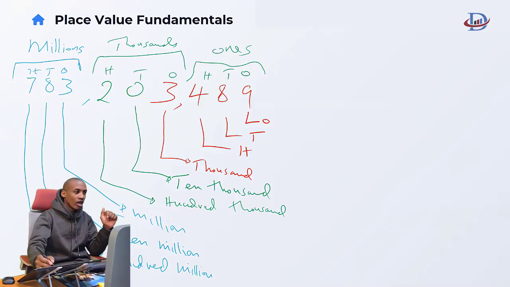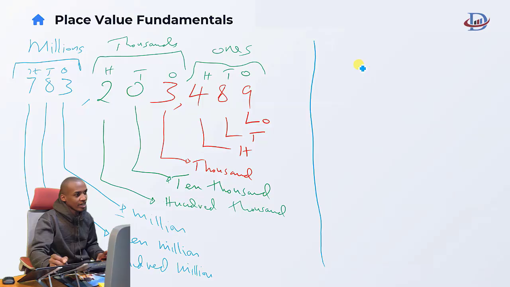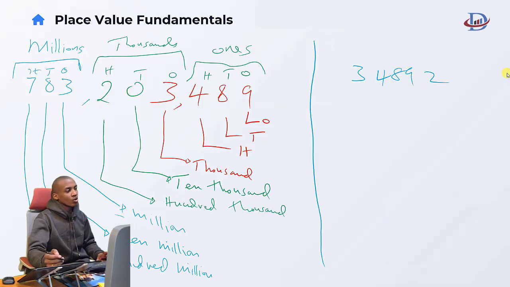You should just understand it from that concept. So from here, if I give you any number, for example 34,892, and they ask you what is the place value of 4 there, you should simply count 1, 2, 3, put a comma, so you know that this is the ones period. Now I'm in the group of 40,000.